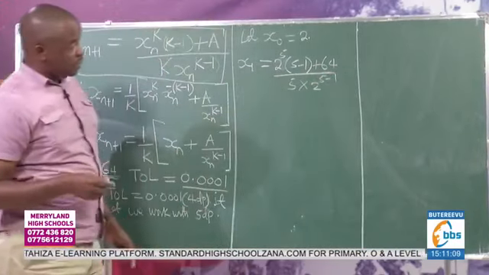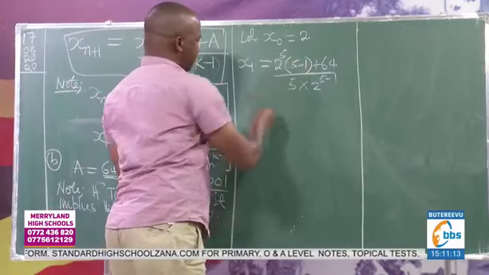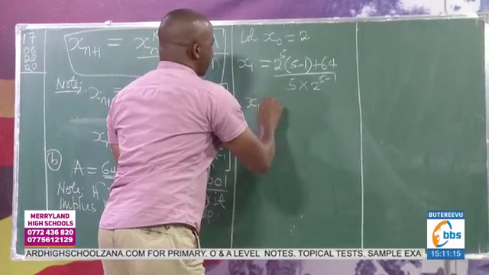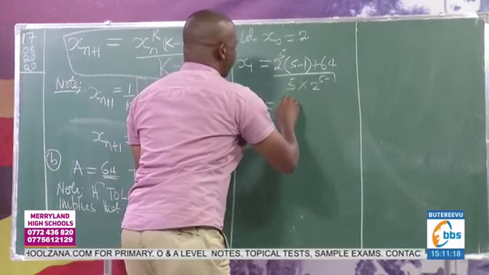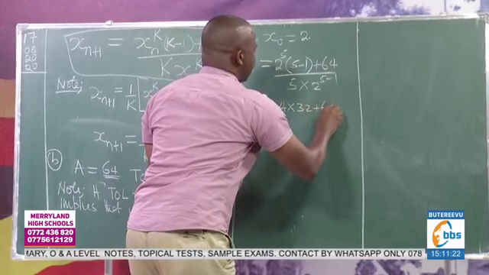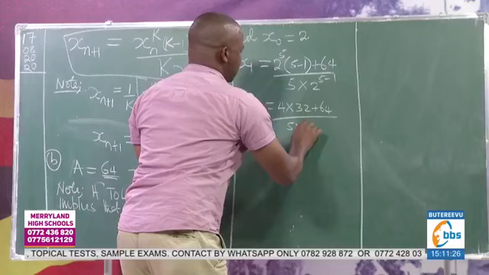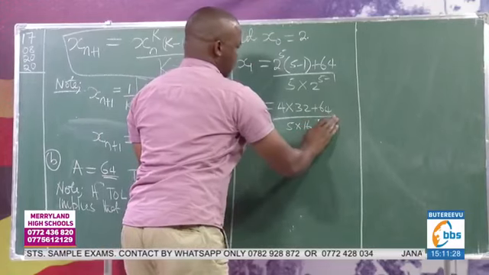For the next substitutions, I'll be putting this as 4 permanently. So our x1 will actually become 4 times 32 plus 64 all over 5 times 16, which is 80.